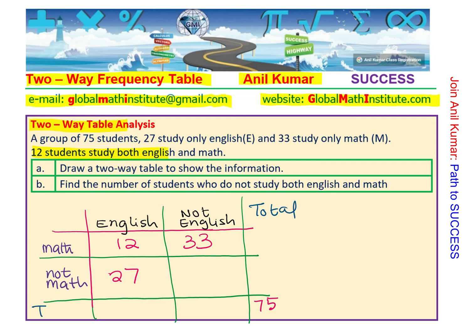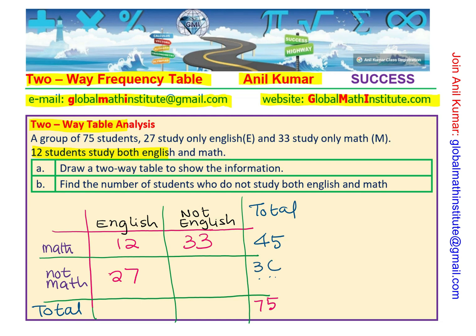Here also, we'll have totals: totals of rows and totals of columns. So we can add for math, how many are there, whether they study English or not. 12 plus 33 gives us 45. Now, since there are 75 in all, what should come here? Well, 75 minus 45, and that is 30.